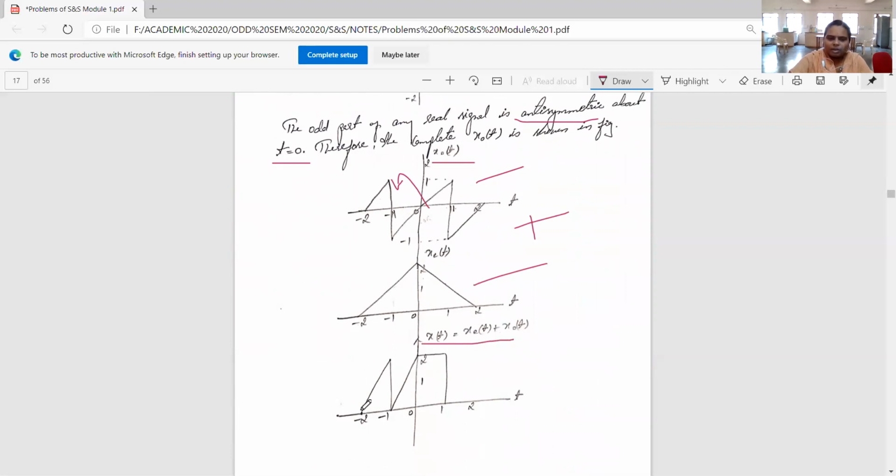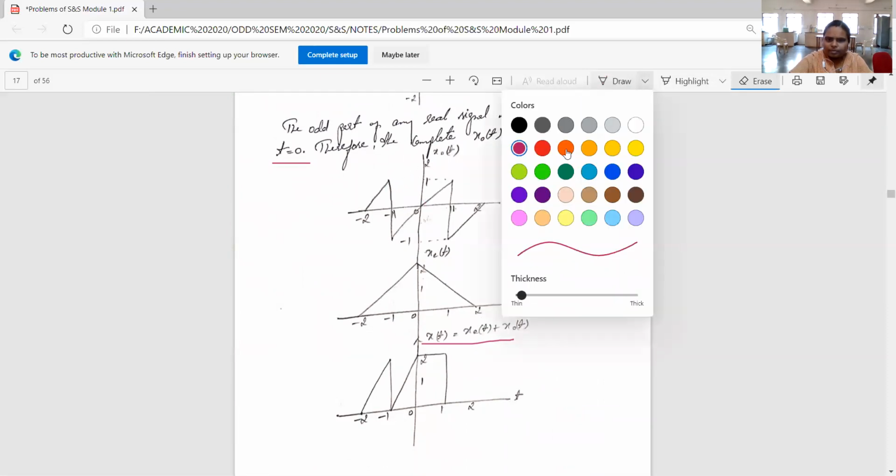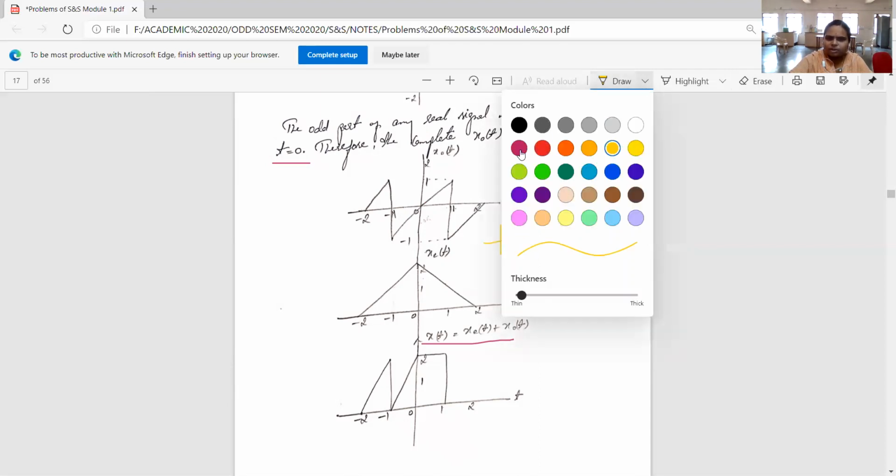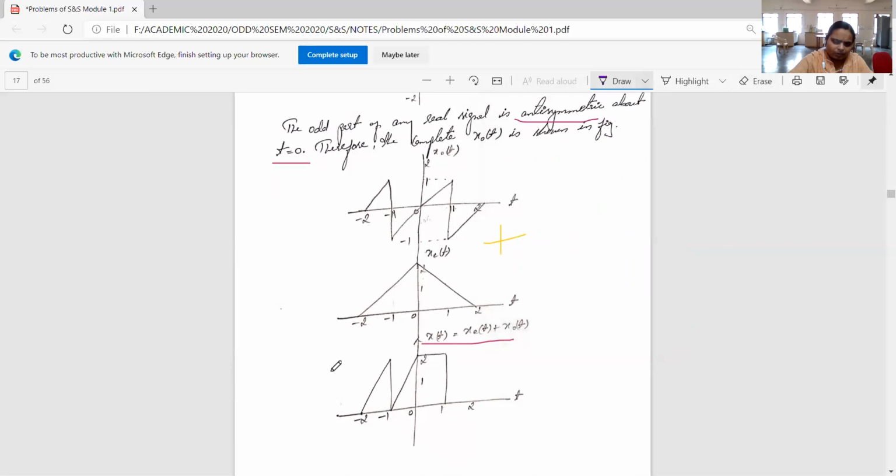Then observe here. We have to add these two signals. I will take a darker one. From minus 2 to minus 1, a small triangle with the amplitude as 1.